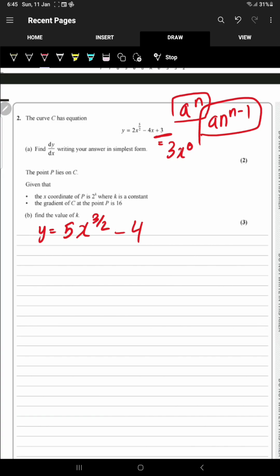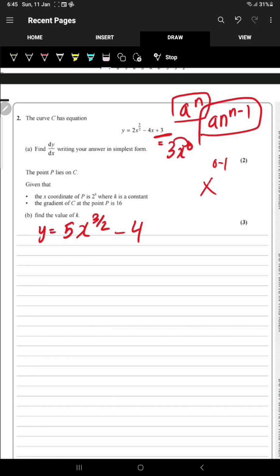Whenever we do this differentiation, 3 times by 0 is just 0, because anything you times by 0 is just 0. So that's why constants always differentiate to 0.